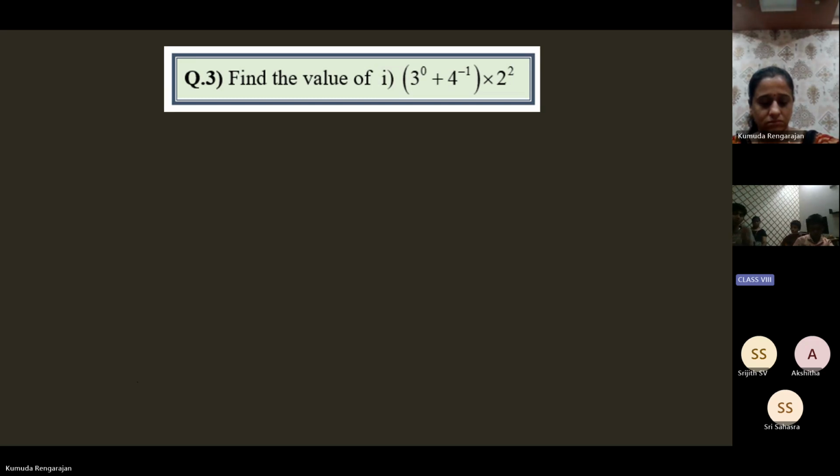After simplifying. Simple. Yeah, Harini.